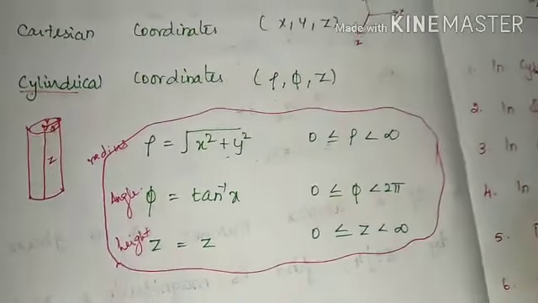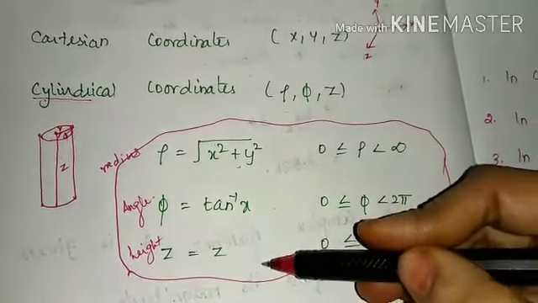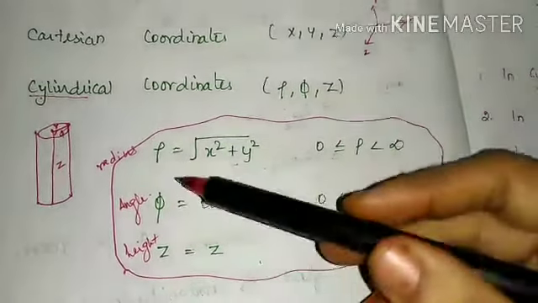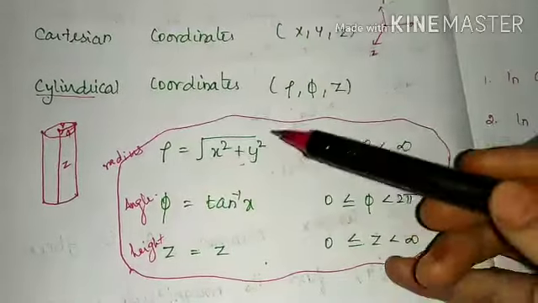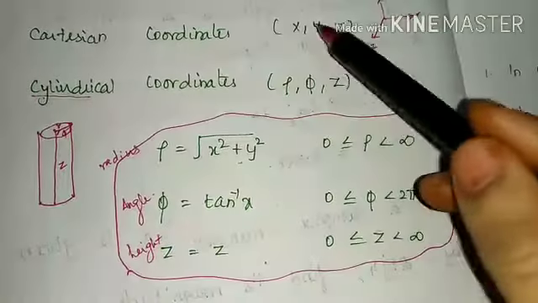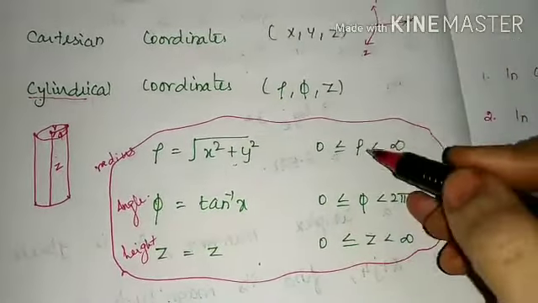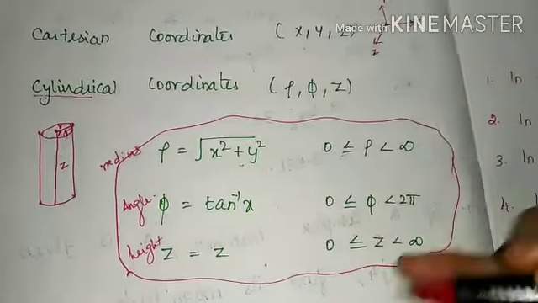Okay. These are all about cylindrical coordinate system, and these are the formulas of cylindrical coordinate system. Rho is equal to root of x squared plus y squared. Most probably these Cartesian coordinates, that is x, y, z, should be constant values. Generally this rho radius will vary from 0 to infinity.